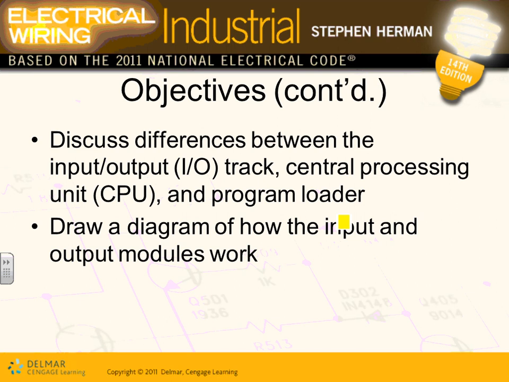This does the difference between the input-outputs. So the component is something called IOs, the input-output tracks. That's the eyes and the ears of the laptop. And then there's the central processing unit. That's the brain of that computer. It's called CPU, central processing unit, have microprocessor in it. And there's something called the program loader.